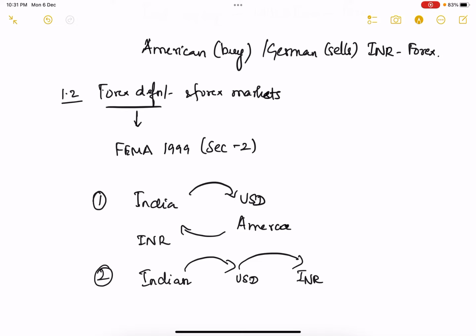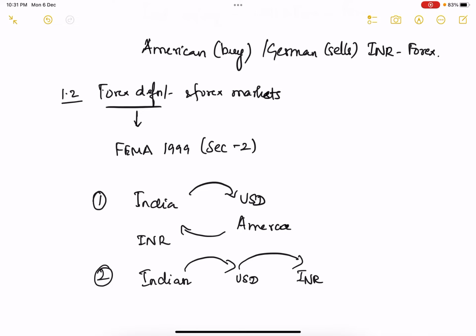The second definition tells you that if I am an exporter exporting goods to America, there is a possibility I can split the bill, that is, I can be paid partly in INR and partly in US dollars. It depends wholly on the acceptor, that is the importer or the exporter. So this is the second definition for foreign exchange.